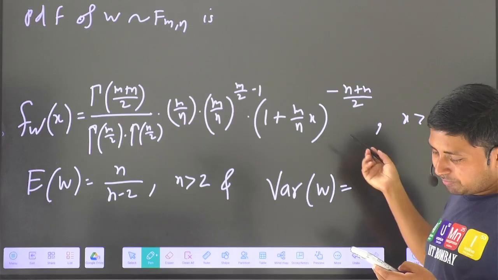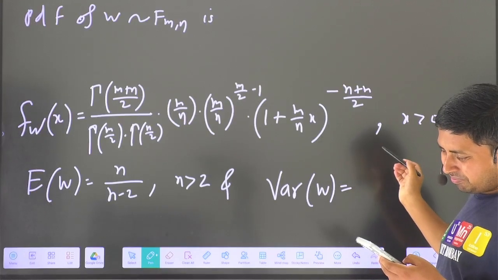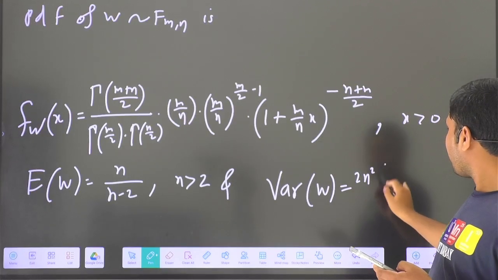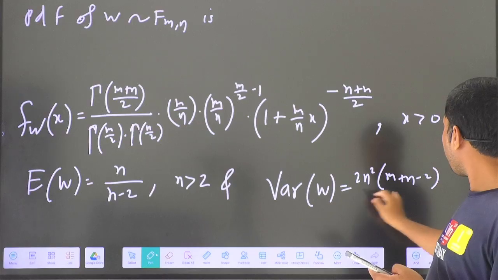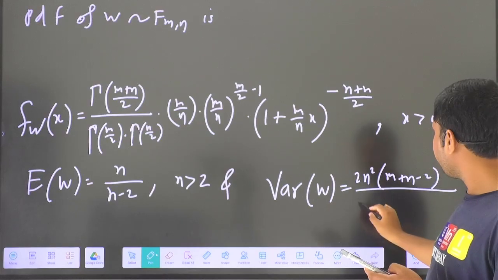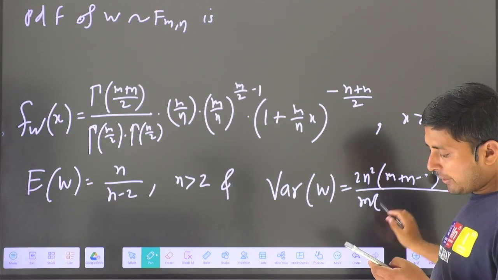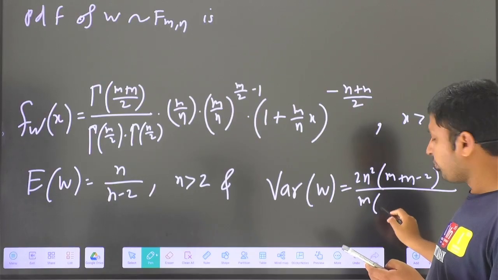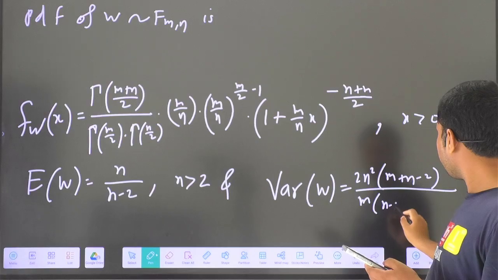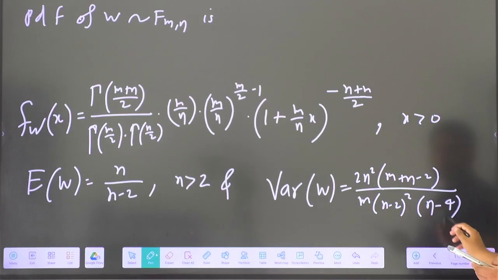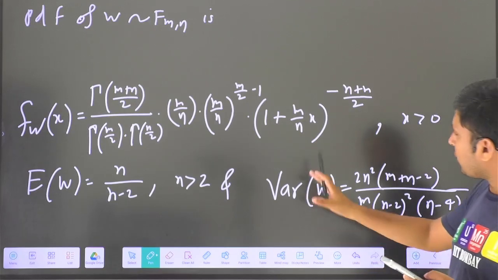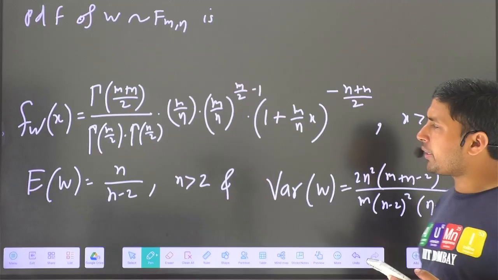I have taken m, n now. So here it is 2n square into m plus n minus 2 upon m into n minus 2 whole square into n minus 4. So this is actually the variance of that F distribution.